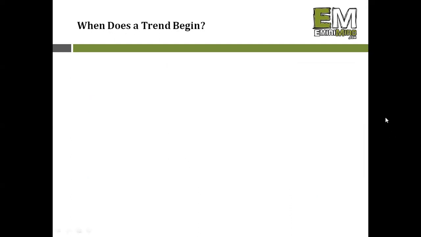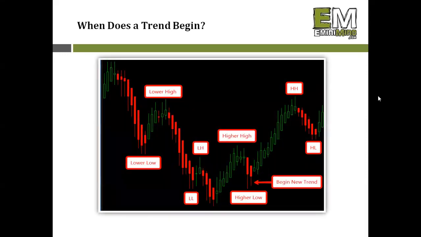So identifying the trend, that's all well and good, but how do we know when a trend begins? Well, if we look at that market structure of, in this case, starting with lower highs and lower lows, lower high, lower low, markets in a downtrend. Well, at some point, we need to go from a downtrend to an uptrend.